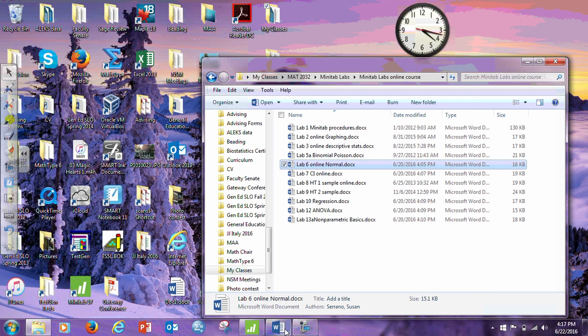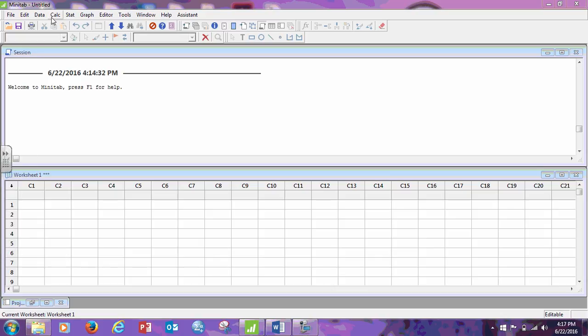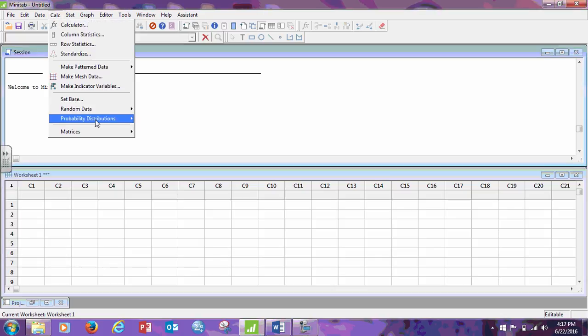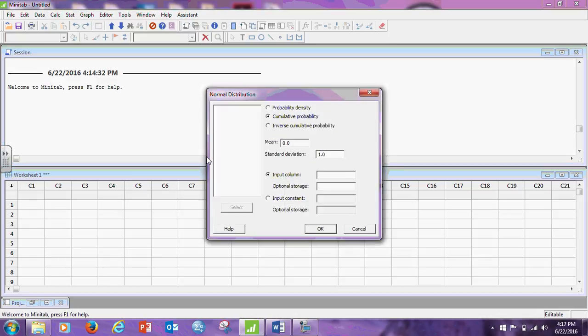Right, so let's open up Minitab and go to Calc, probability distributions, normal. We're going to do cumulative probability. The mean in number 1 is 0 and the standard deviation is 1, and we're looking for input constants. Remember, we only use input column whenever we have our values in a column.